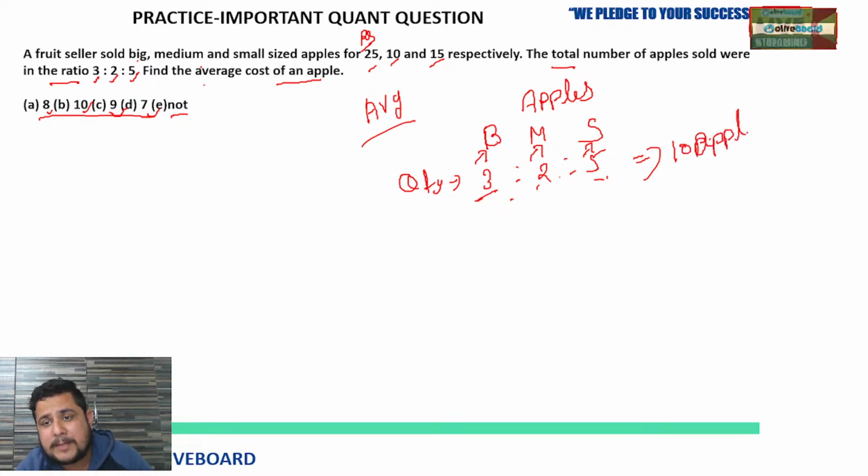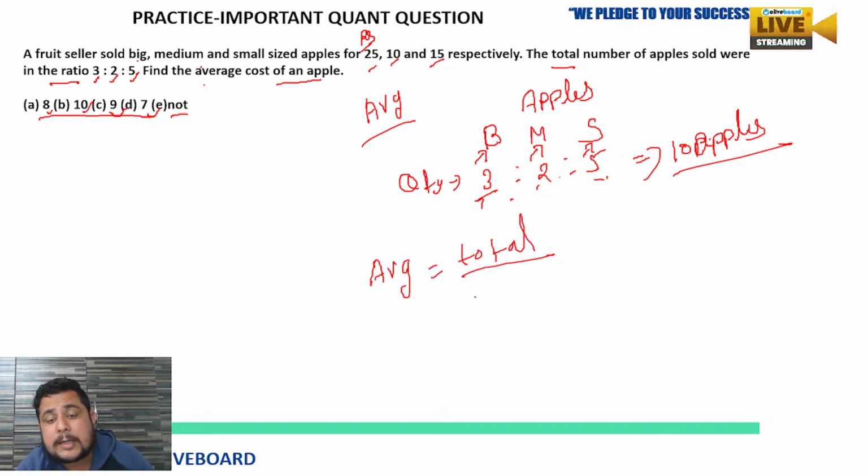We are taking the minimum case, 10 apples. Average is equal to total upon number, here the total price of all apples upon the number of apples.